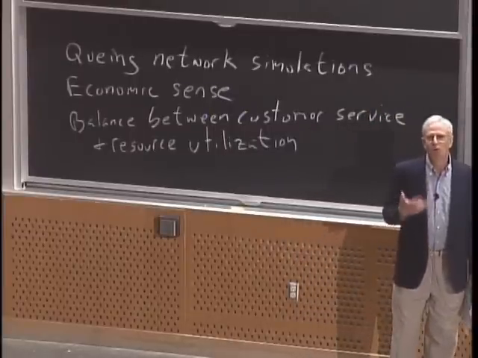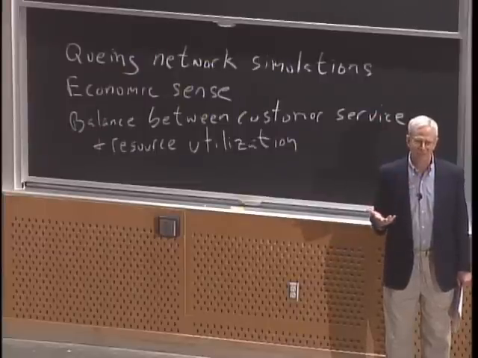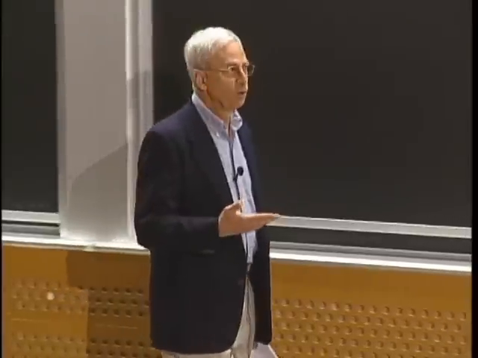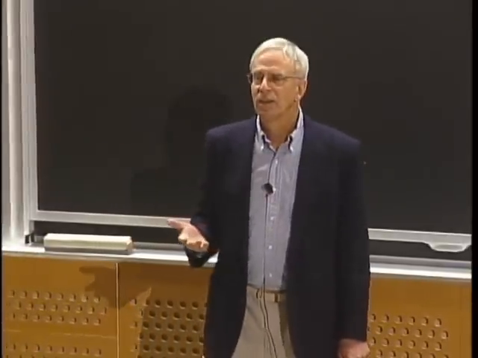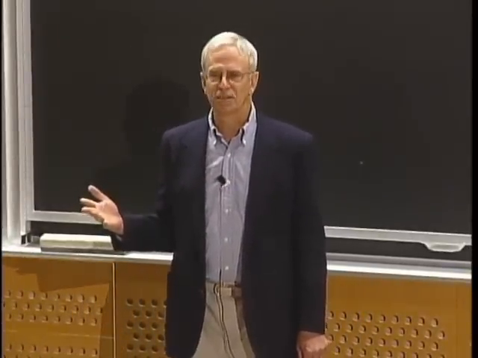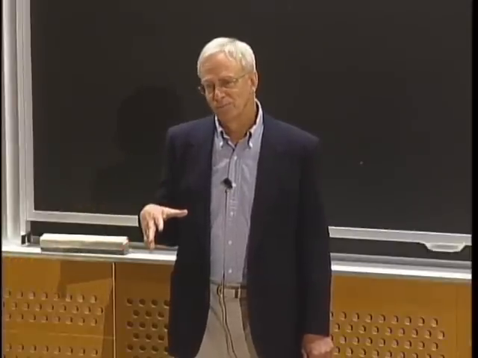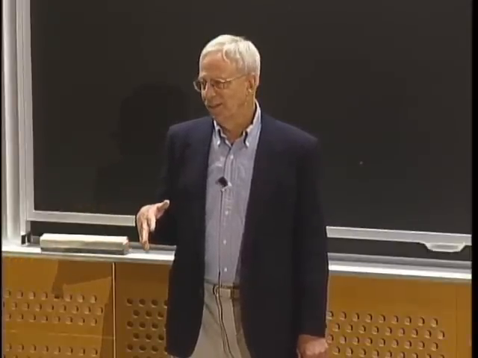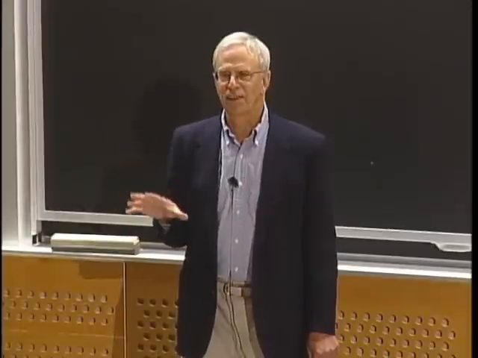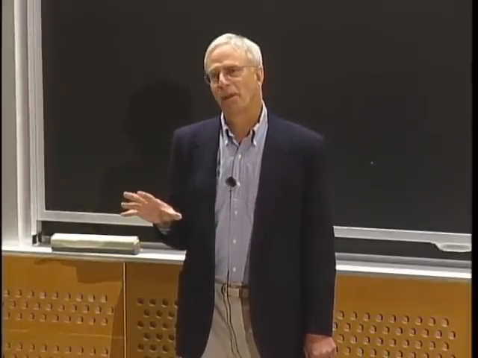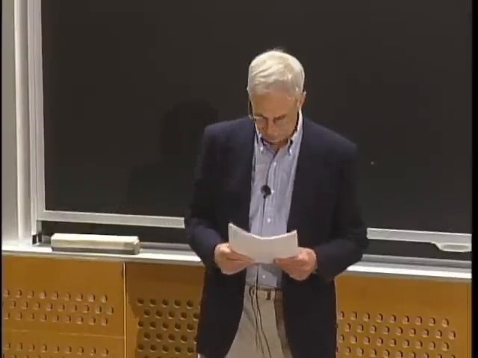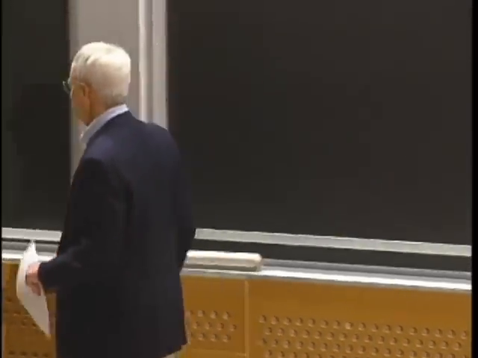There is always a need for excess capacity in a complex system in order to provide adequate service most of the time. And that's because, as we'll see, the demand for service is probabilistic and unpredictable. And in order to absorb bursts of activity, you need excess capacity because a lot of the time you don't see those bursts.